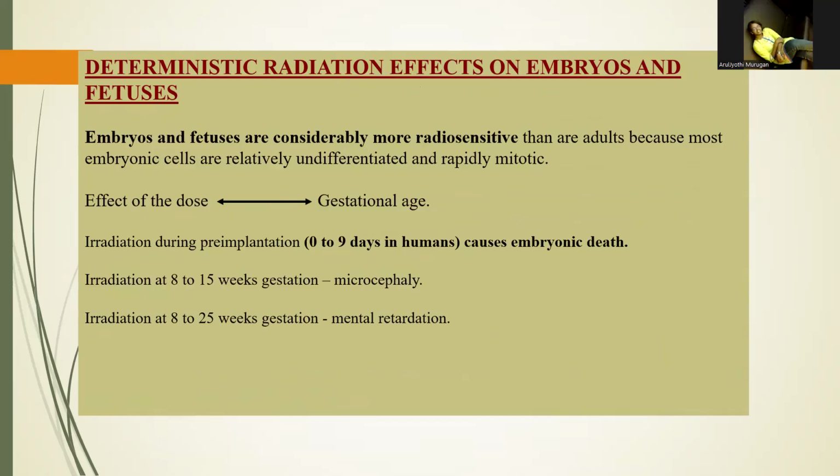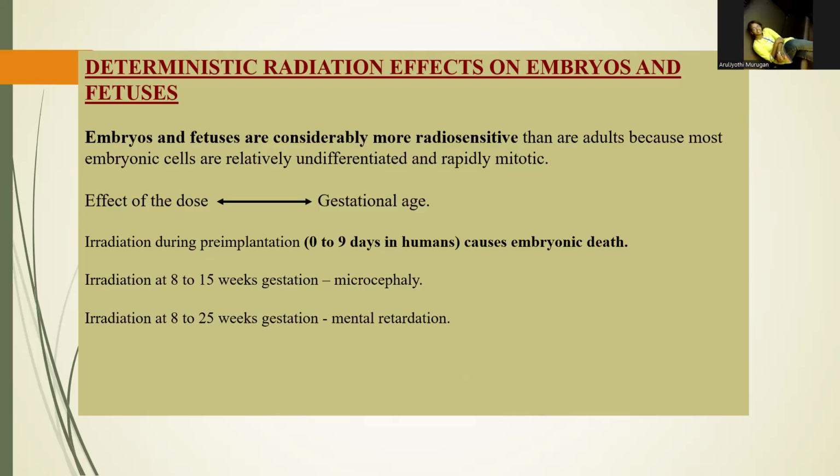So basically, the deterministic effects on the embryo or fetus could affect the reproductive or developing capacity. It would cause mutations or congenital changes. When there is radiation in the peri-implantation time, it could cause abortion or embryonic death.